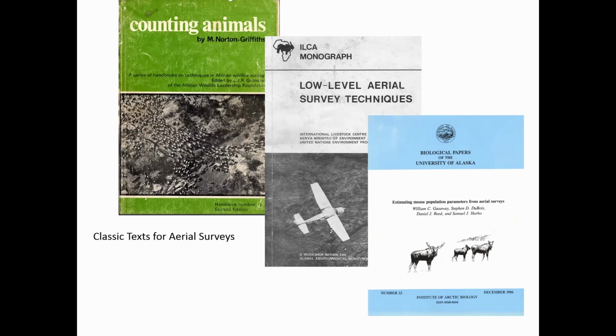These are all classic texts for those who might be interested. Since then, there have been various evolutions, but none of these have done other than polish up the various aspects with new technologies and more rigorous procedures, but the basics still remain. The same goes for the systematic reconnaissance flight.